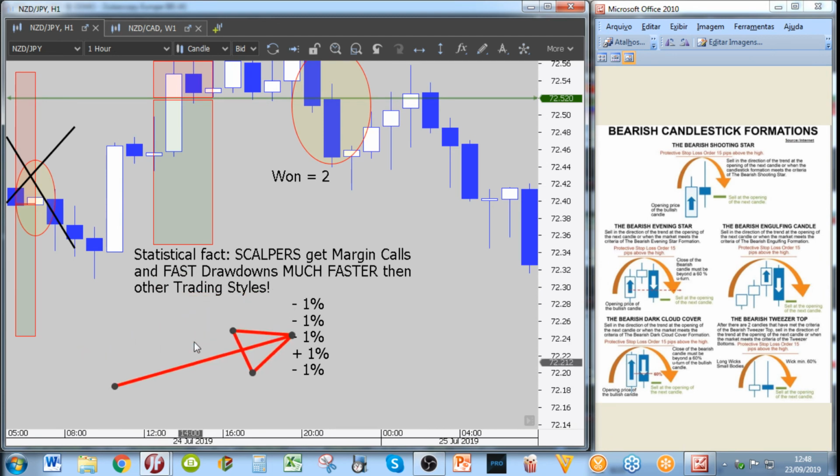Now scalpers, they trade on the 1 minute chart, the crazy ones, on the 5 minute chart, 15 minute chart, and if you get a string of losing trades, you can have a drawdown of 20% in a matter of hours.